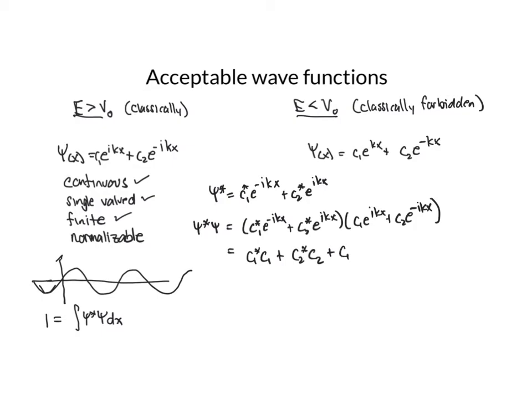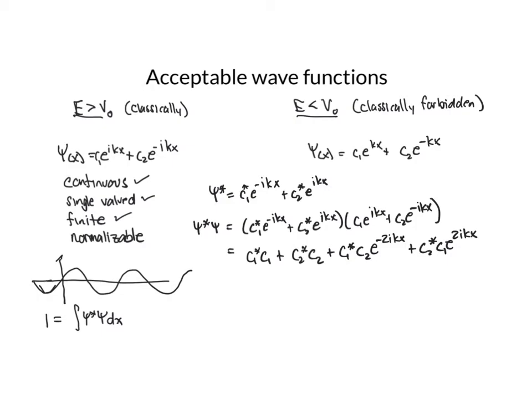Then I have cross terms where I have c1 star times c2, and then those are both e to the minus ikx, so I end up with e to the minus 2ikx. And then my other cross term is c2 star times c1, and both of those are e to the plus ikx, so I end up with e to the 2ikx.